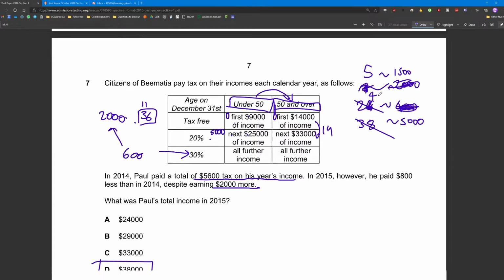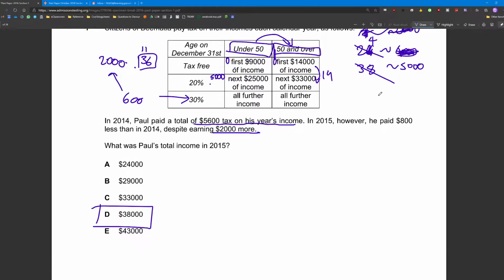I'm gonna pull out a calculator and check whether this is a correct calculation. I suspect it is, but I'm not entirely sure. So 5,000 times 0.3 plus 19,000 times 0.2 is $5,300.